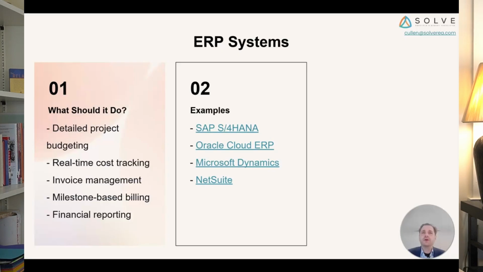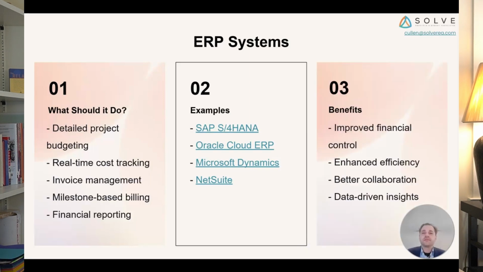The software developers and companies have done a good job of integrating the two. If you're a smaller organization, you may need to do some of what is encountered in these ERP systems in homebrew solutions. Either way, though, they provide improved financial control, enhance efficiency, and give you better collaboration and insight.